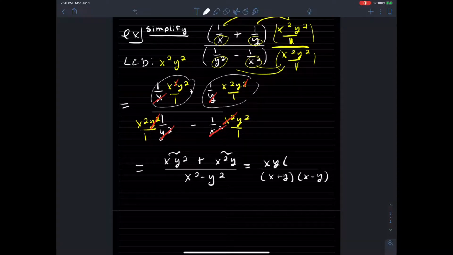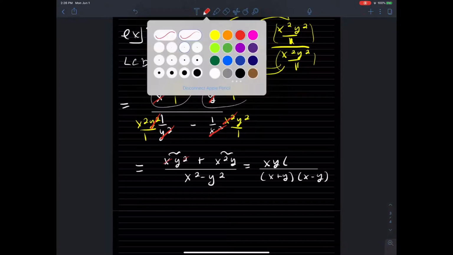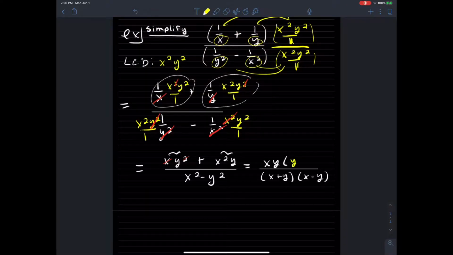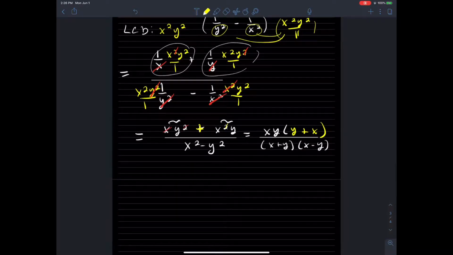If I pull out an x and I pull out a y, I'm left with just y. If I pull out an x and I pull out a y, there's a plus, because you're going to have this plus x. Okay? And now that we've factored, it looks like we can cancel: y plus x cancels with an x plus y. They're the same term.